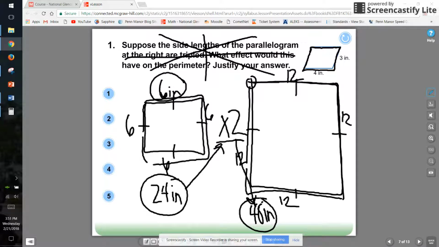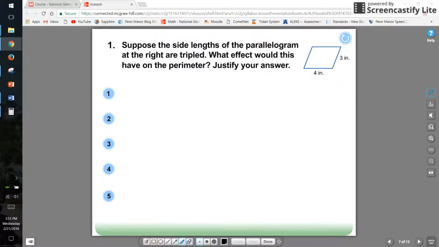Let's, first of all, hide this and clear our board here. Clear, please. Thank you. So what if my shape is really weird? Like, okay, I don't really have a great formula to figure out the perimeter of this shape. So I'm just going to tell you that the outside of this shape totals 30 inches.